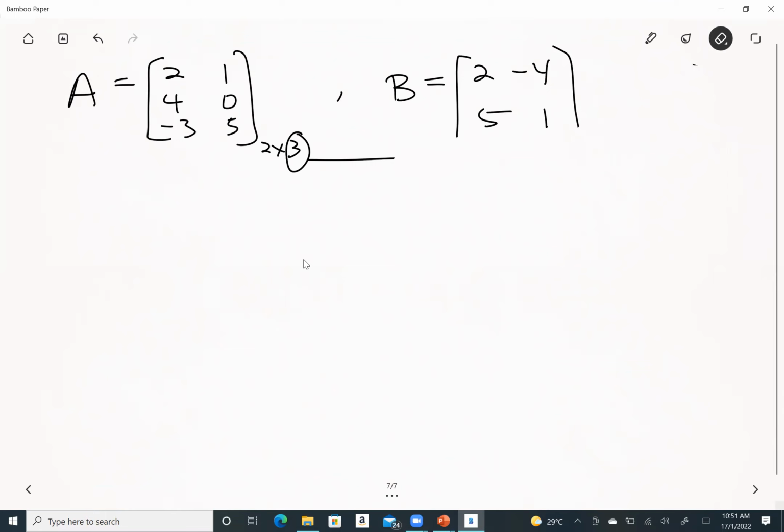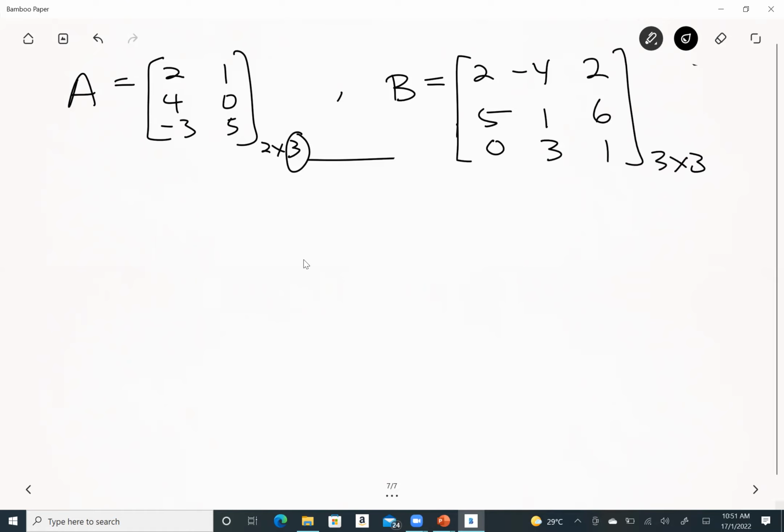So tambah lagi satu row. 0, 3. Kita tambah kolom buat apa? 2, 6, 1. So here I have a 3 by 3.